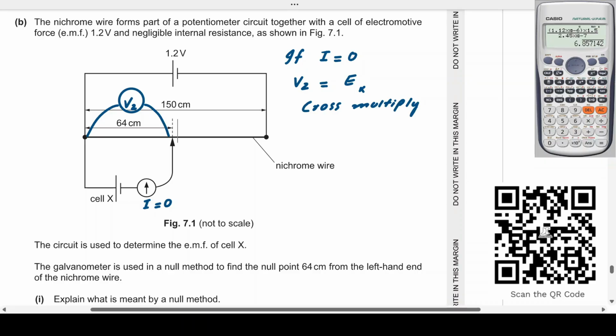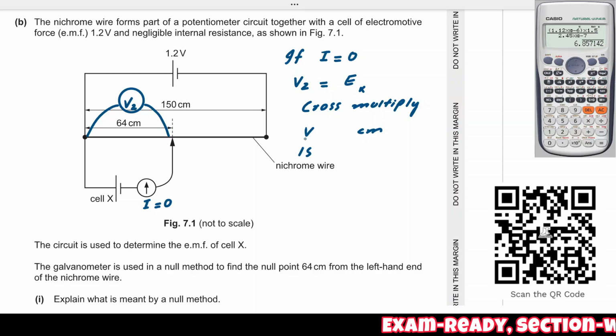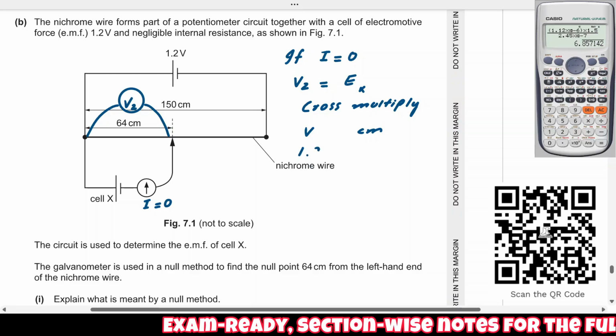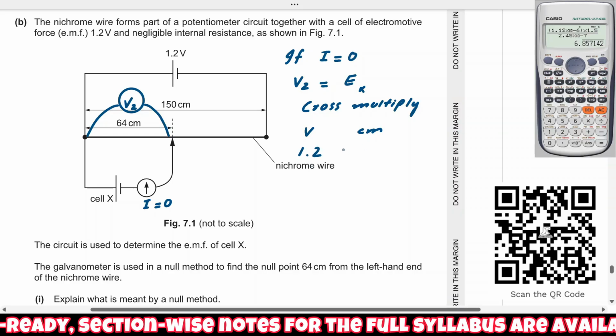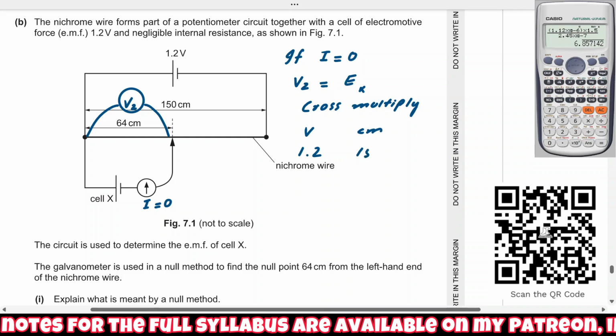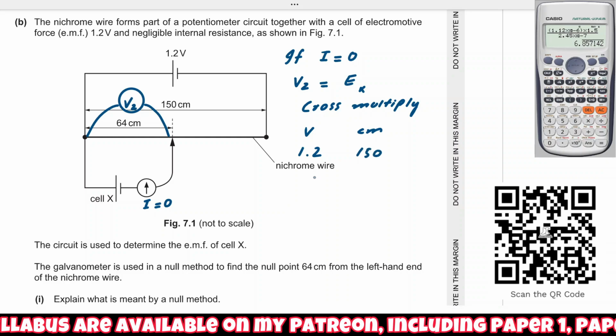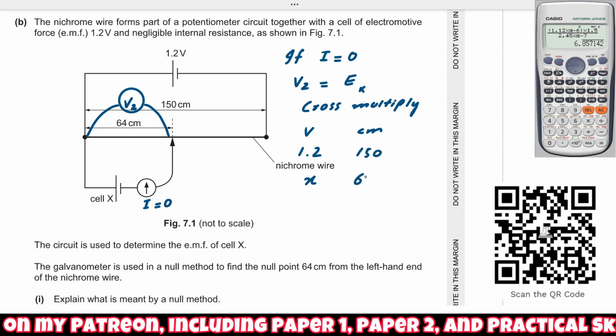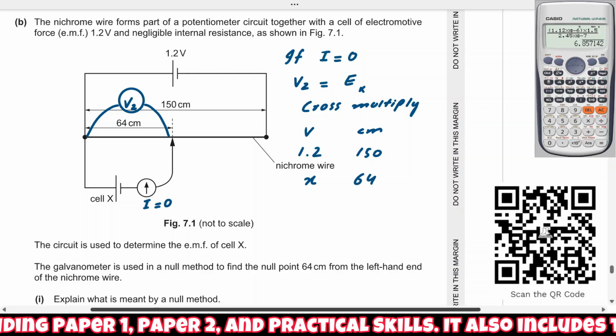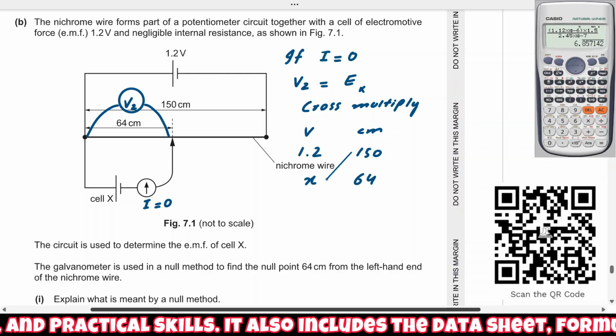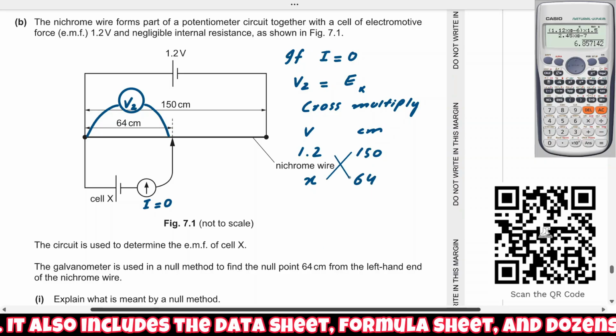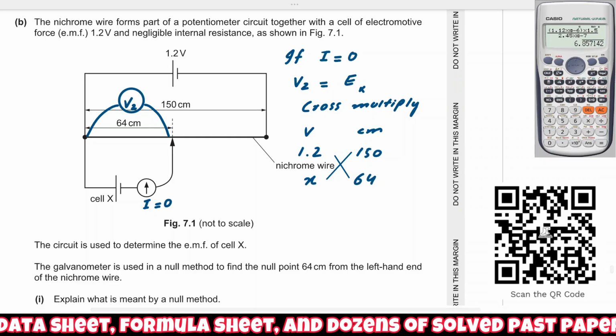So we are doing the method of cross multiplication. We know length on one side and volts on one side. So we know 1.2 volts for 150 centimeter. How many volts for 64 centimeter? Then you cross multiply. 64 times 1.2.